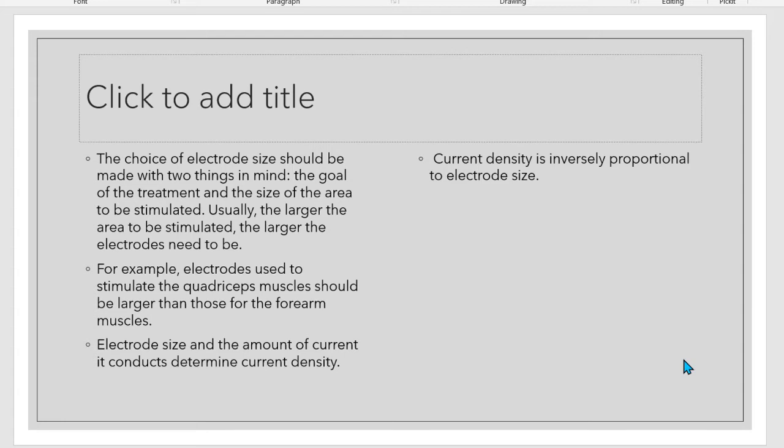If you are going to stimulate small, then you need to use also small electrode. Okay, so let's take for example, you are going to stimulate the quadriceps. So you must be using a large electrode. If you're stimulating the gluteal muscle, so the gluteus maximus, so you use the large electrode.